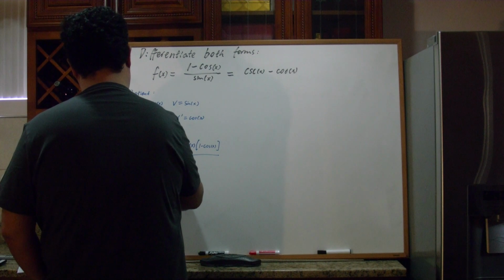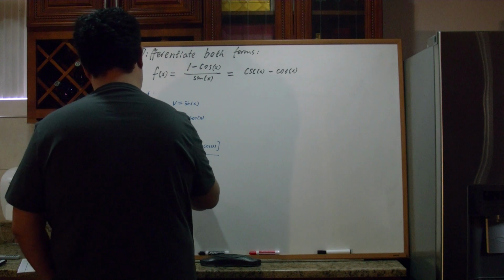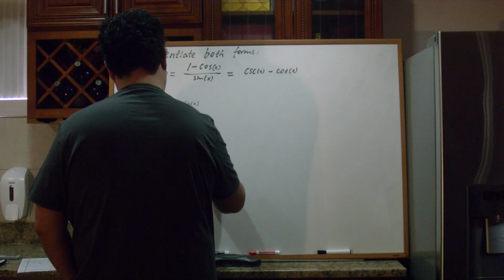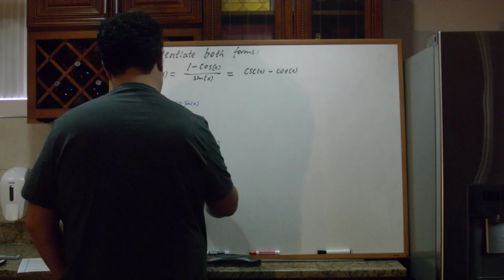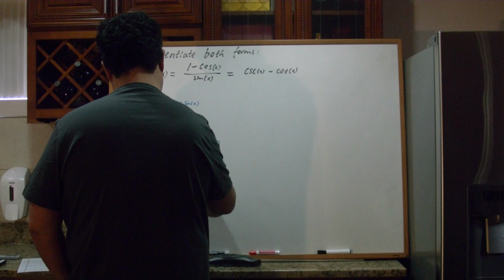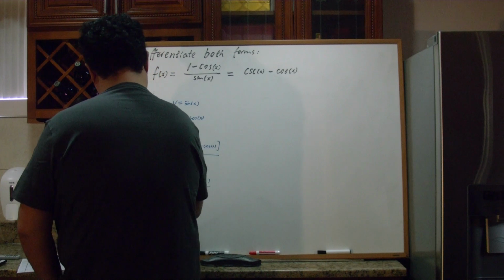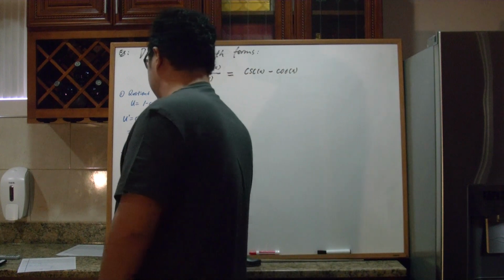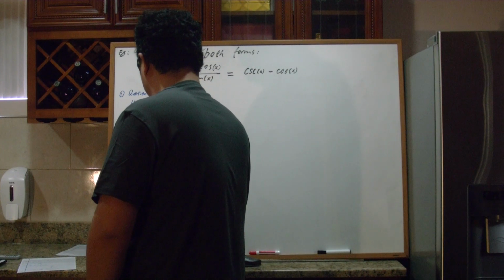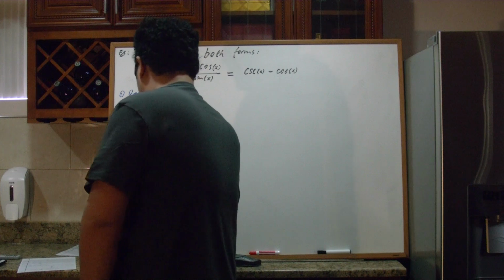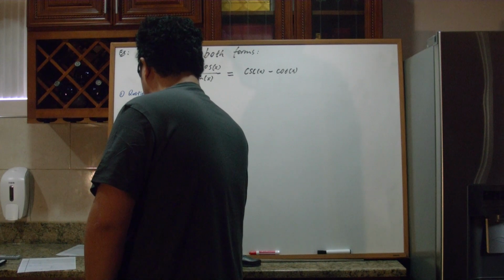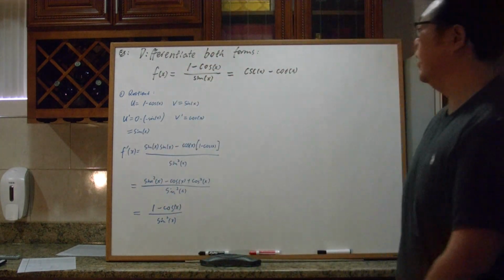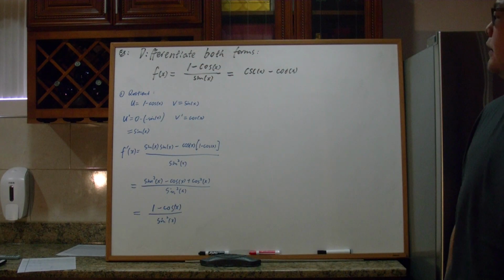That we get sine squared of x minus cosine of x plus cosine squared of x. What we are able to get is sine squared plus cosine squared is 1. 1 minus cosine x over sine squared of x.